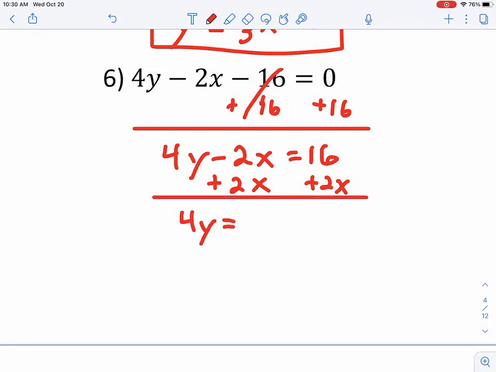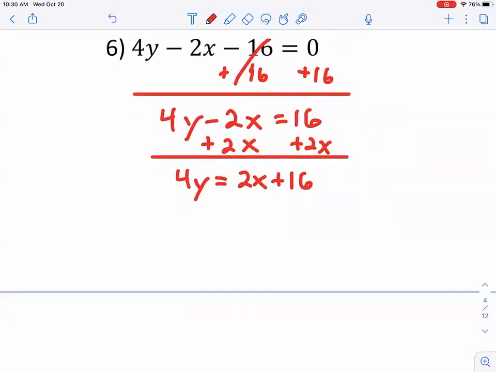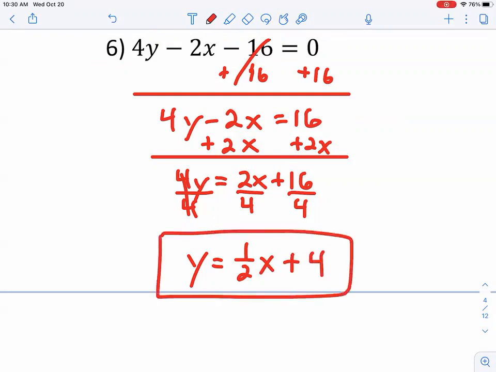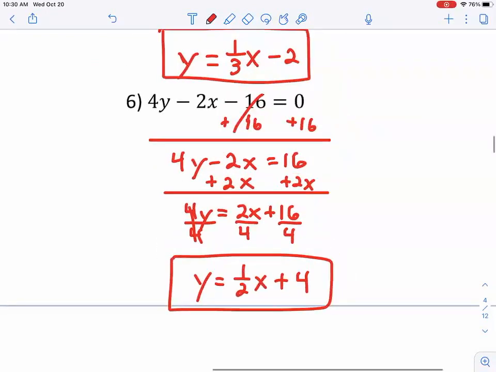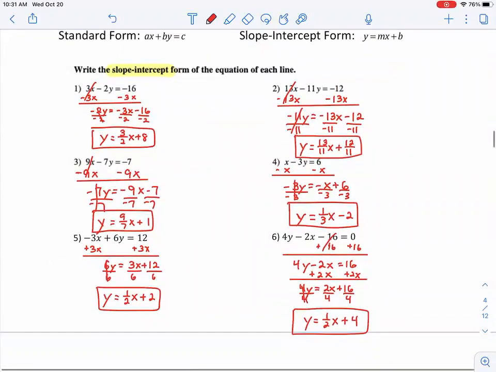So we have 4y is equal to 2x plus 16. Now we divide everything by 4. And so y equals 2 over 4 is 1/2 x, and 16 over 4 is 4. So we get y equals 1/2 x plus 4. All right, any questions, guys?